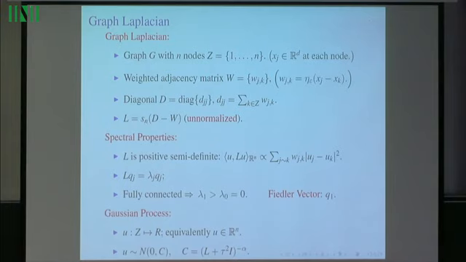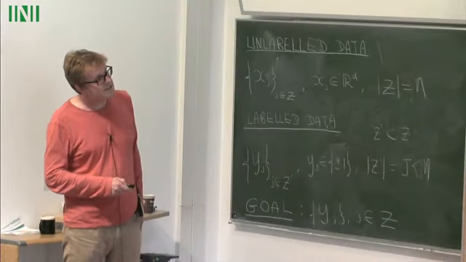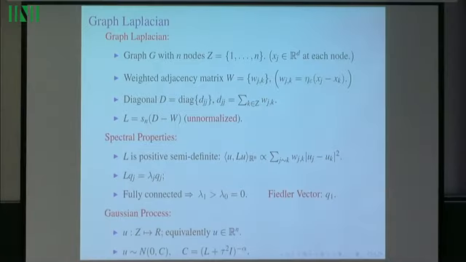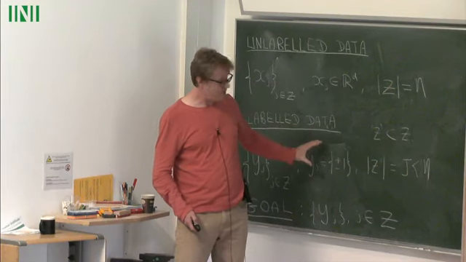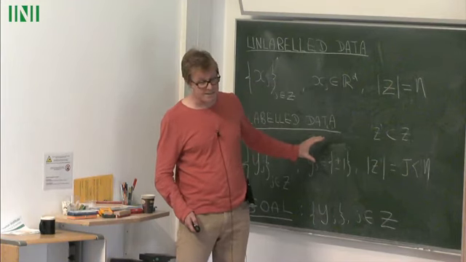So the way I'm going to connect the unlabeled data and the labeled data is through a Gaussian process. So this is a real valued process that lives on the nodes of the graph. I still have yet to link real numbers with binary classification, and that's yet to come.